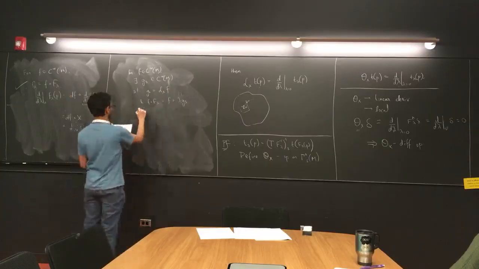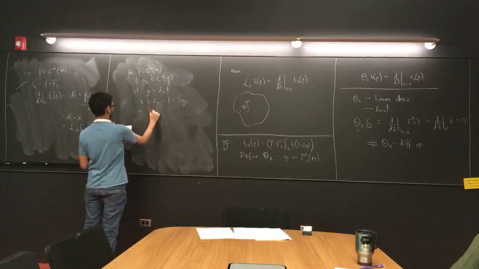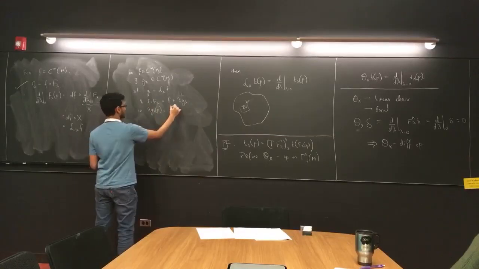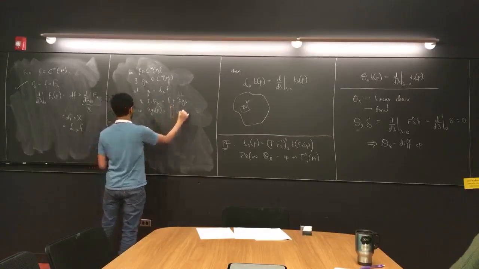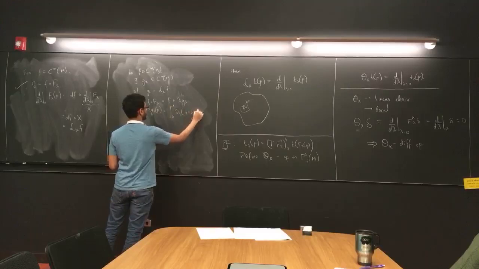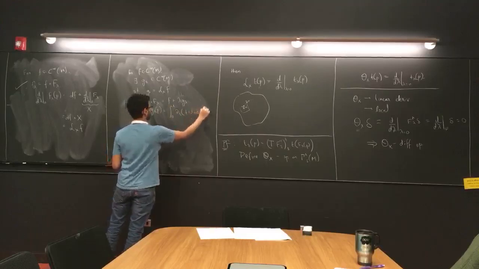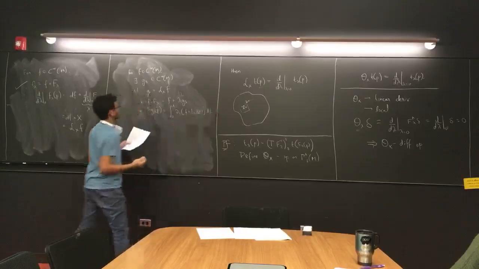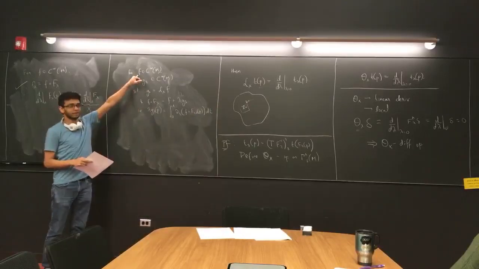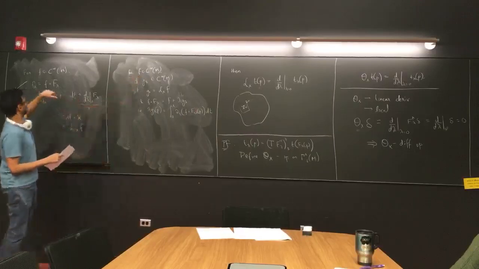In particular, lambda g lambda of p is going to be the integral from 0 to 1 dt of the derivative of f composed with the flow at t lambda. That's just another way of saying that this is going to be the lambda derivative of f lambda.